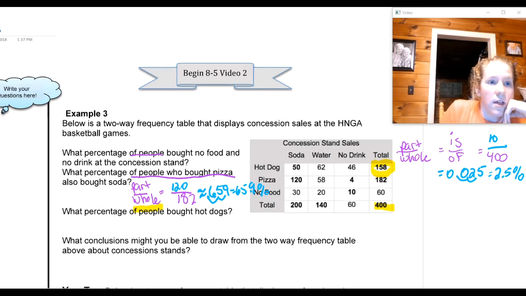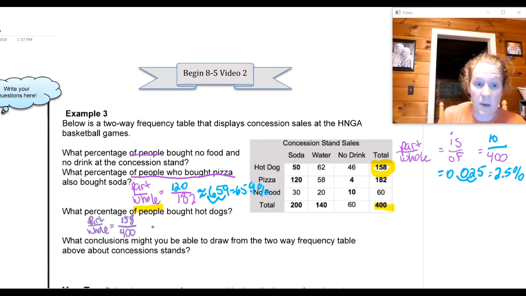The ratio that I'm going to do, again, is part over whole. The whole is the entire number of people that came to the concession stand, which for this one is 400. The part are just the people that left with a hot dog in their hand. All the people who left with hot dogs were 158.